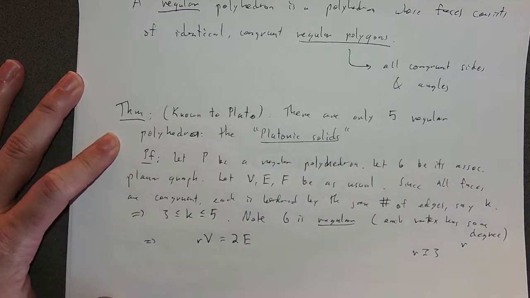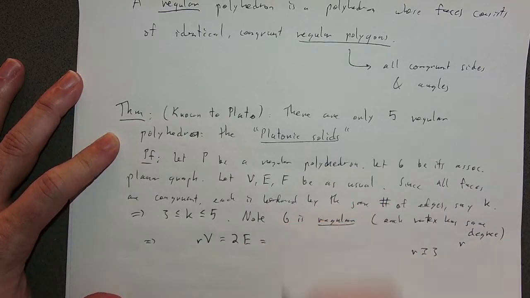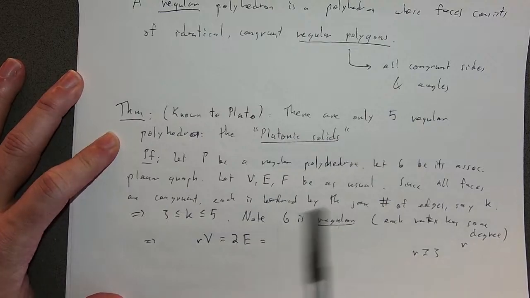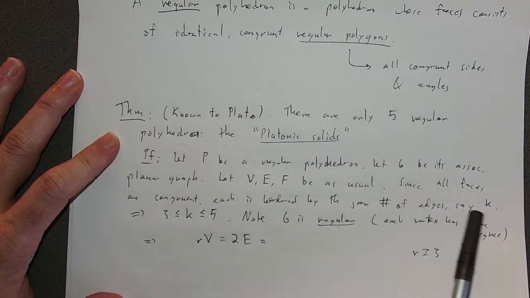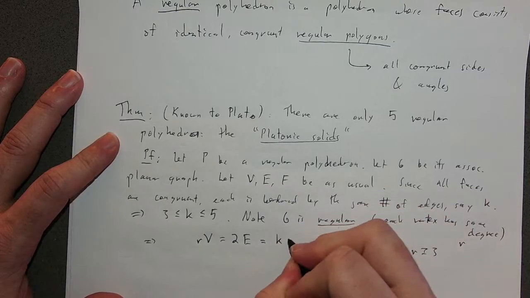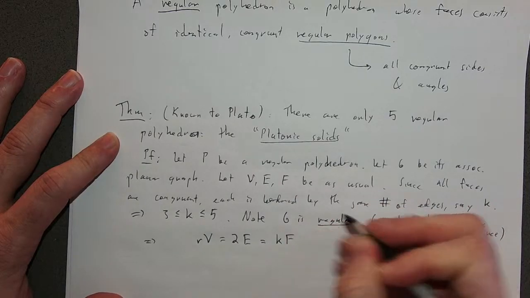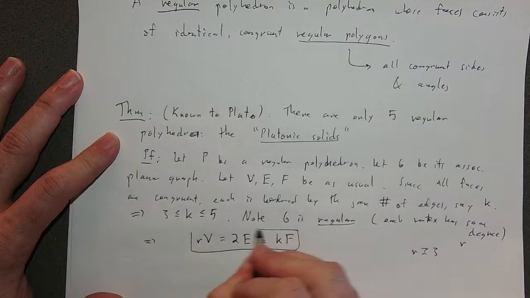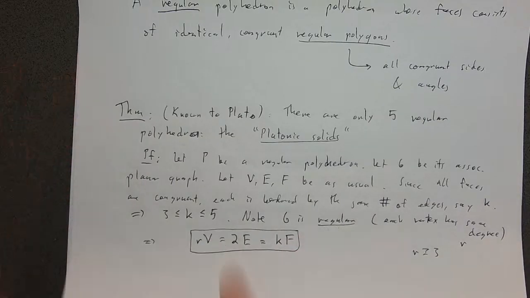Okay, and of course that has to be equal to k times the number of faces. This is the number of edges bordering each face. So this has to be true with this middle equality coming from the first theorem of graph theory.